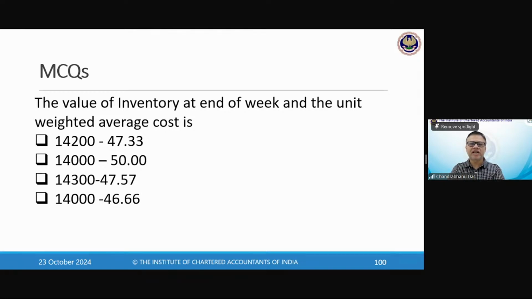No sir, we are calculating. You need time. Okay, then I wait for a minute and then I will give the answer. Chaitanya's option is 14,046.66. Is anybody coming nearer to that answer, or does anybody else have something to say?